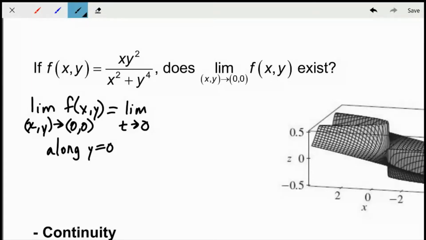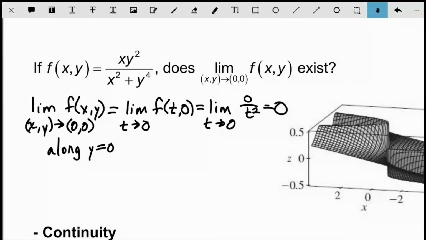Okay, if I go along y equals 0, that means it's f of (t,0), which would be the same as the limit as t approaches 0 of 0 over t squared, which is just 0. Okay, so that one gave me 0. So now what I want to be thinking about is what can I choose for a path that's going to give me something different?